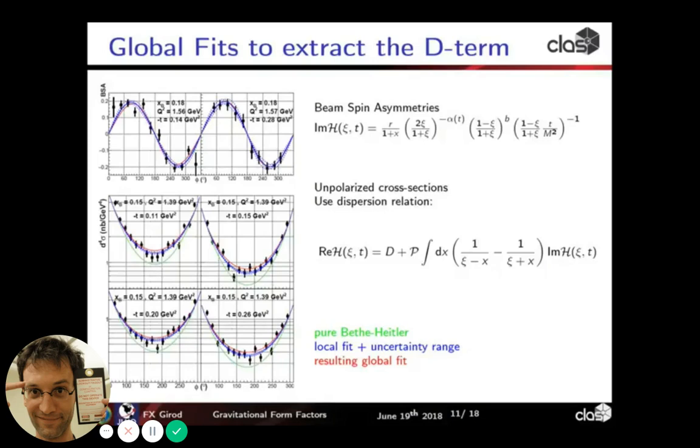And then we fit our unpolarized cross-section data by calculating the real part of the Compton form factor from an integral over this imaginary part of H and a subtraction constant, which is none other than the D term. And you can see here, again, a comparison between our points and the pure Bethe-Heitler. The local fits in individual bins are given in blue, and the resulting global fit to our entire data set in red.